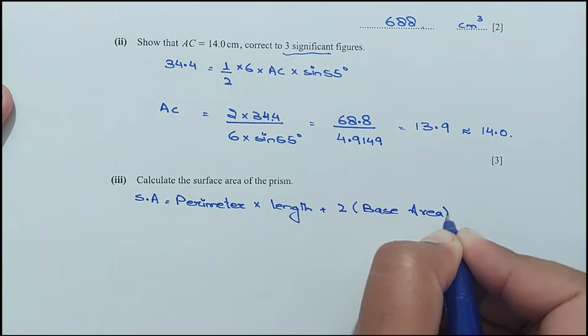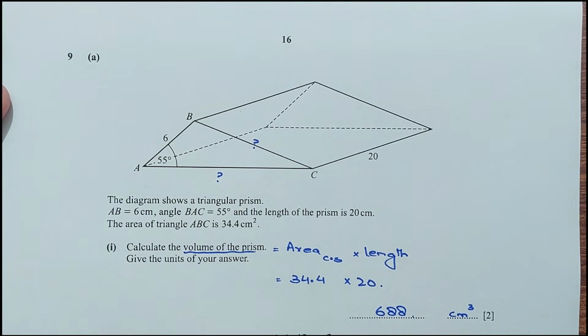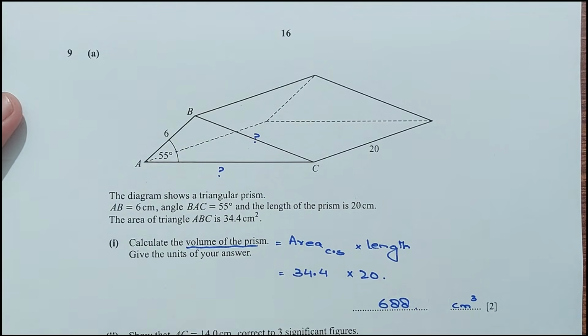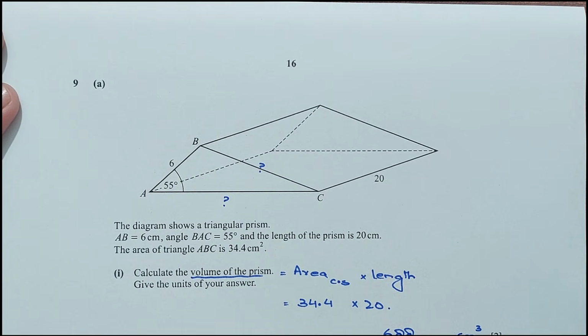We have the area of triangle ABC. So the thing is to solve for BC, right? We have to use the law of cosine over here to solve for BC.